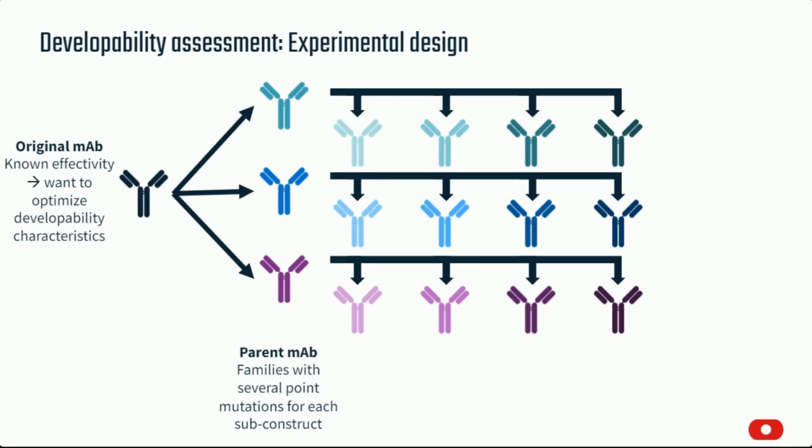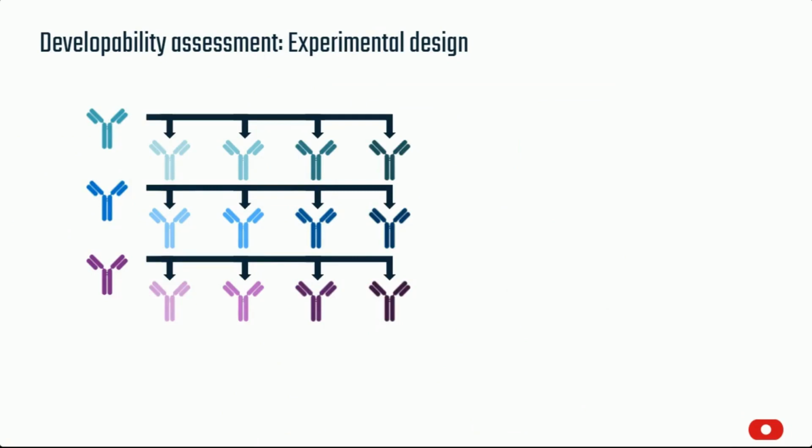They then took those parent monoclonal antibodies and made an additional 2 to 3 point mutations in a certain region of that monoclonal antibody. And they did this systemically to each of the daughter antibodies. And what I mean by that is each of the shades of color correspond to the same 2 to 3 mutations as one another.